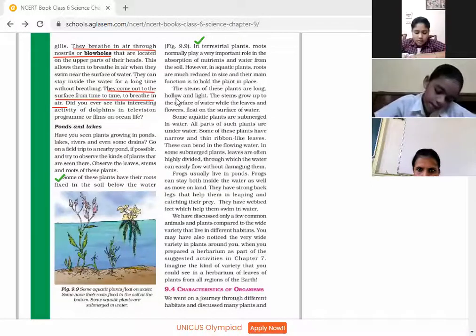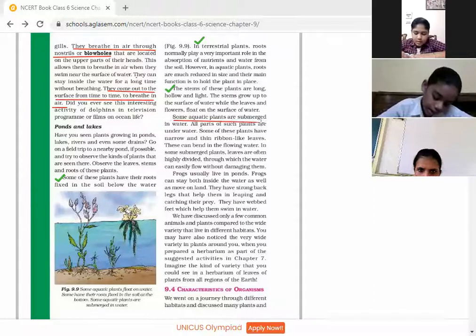The stem grows up to the surface of water while the leaves and flowers float on the surface of water. Some aquatic plants are submerged in water. All parts of such plants are underwater. Some of these plants have narrow and thin ribbon-like leaves.